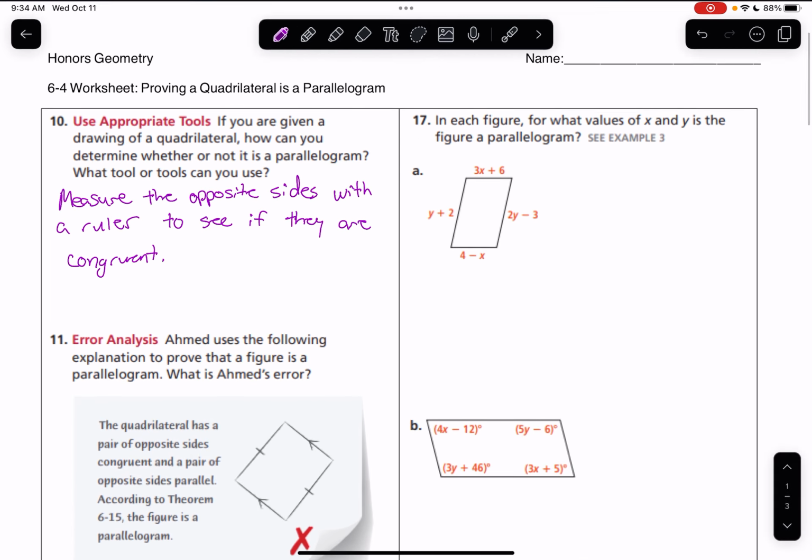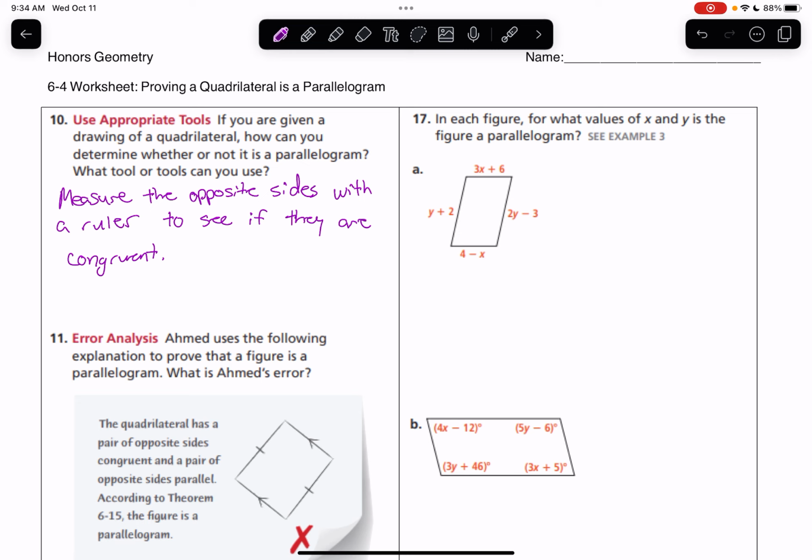Number 17, in each figure, for what values of x and y is the figure a parallelogram? Just lots of solving here. We've got 3x plus 6 equals 4 minus x. Solve that equation. Let's divide by 4. X equals negative 0.5.